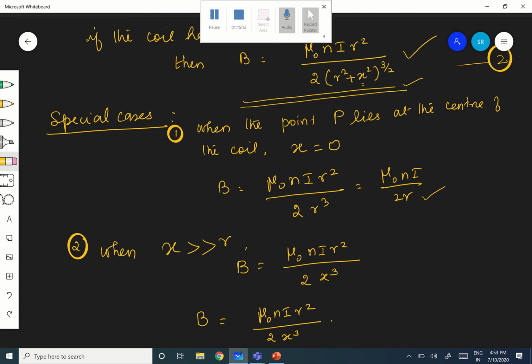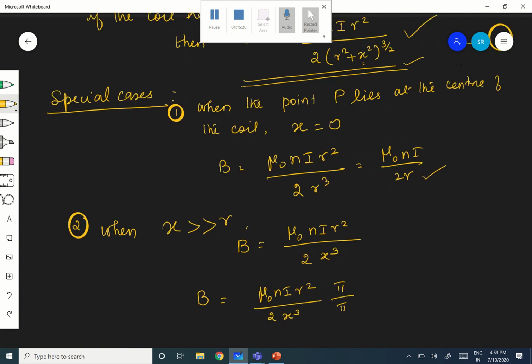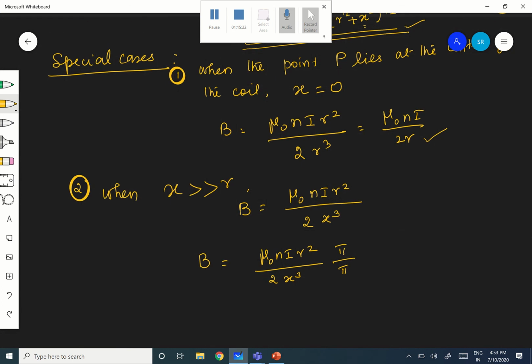Why? Because I want to express it in terms of the area of the coil. Therefore, multiply and divide. Okay, therefore you will be getting mu naught N I pi r squared divided by 2 pi x cubed.